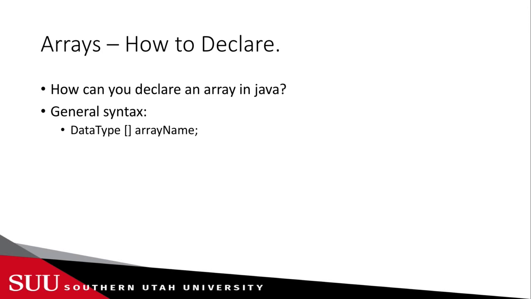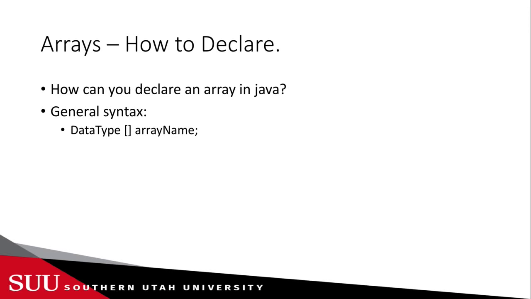This is very similar to how we define variables. We start with the data type, whether it's an integer, double, string, or whatever type that we want to define, and then we follow it with the name. The difference here is we will include the square brackets to signify that this is an array.